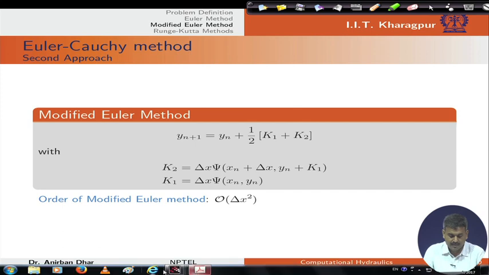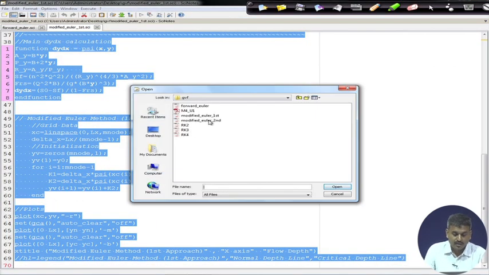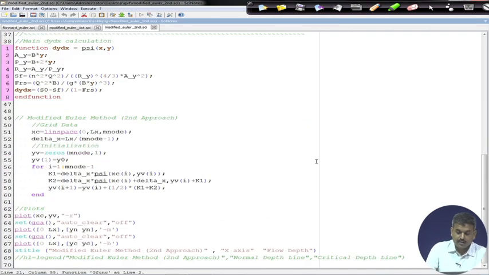In that case, the only difference is here in this K1, K2 calculation. This is a full step for K2 calculation and K1 is full. In the previous case we have used half here.